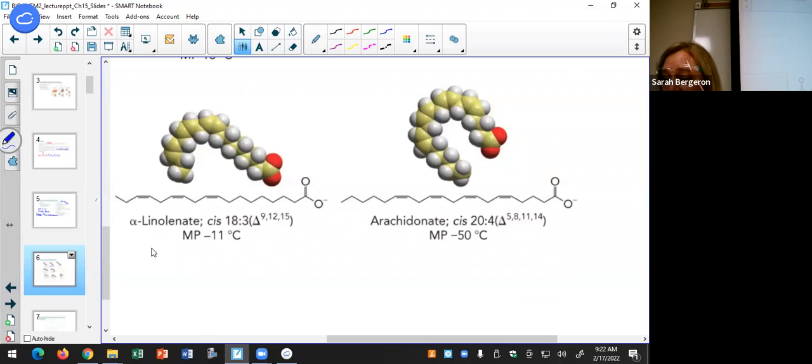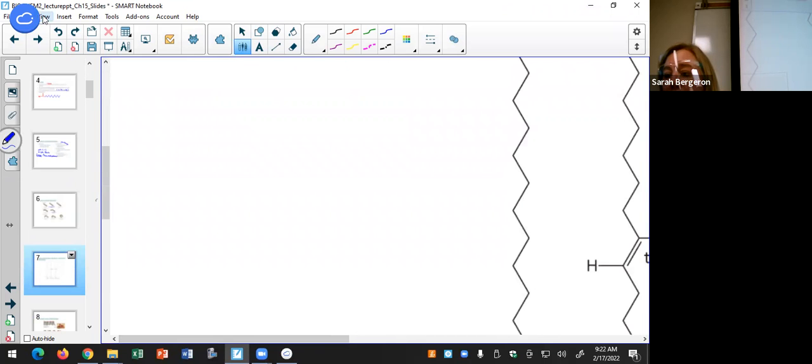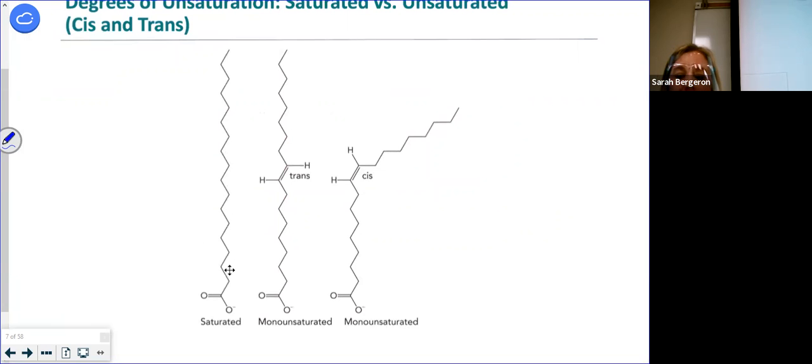So what effect does having cis or trans bonds have on the molecule itself? If you have something that's completely saturated, and we introduce either a trans double bond or a cis double bond, you're going to have a very different effect.